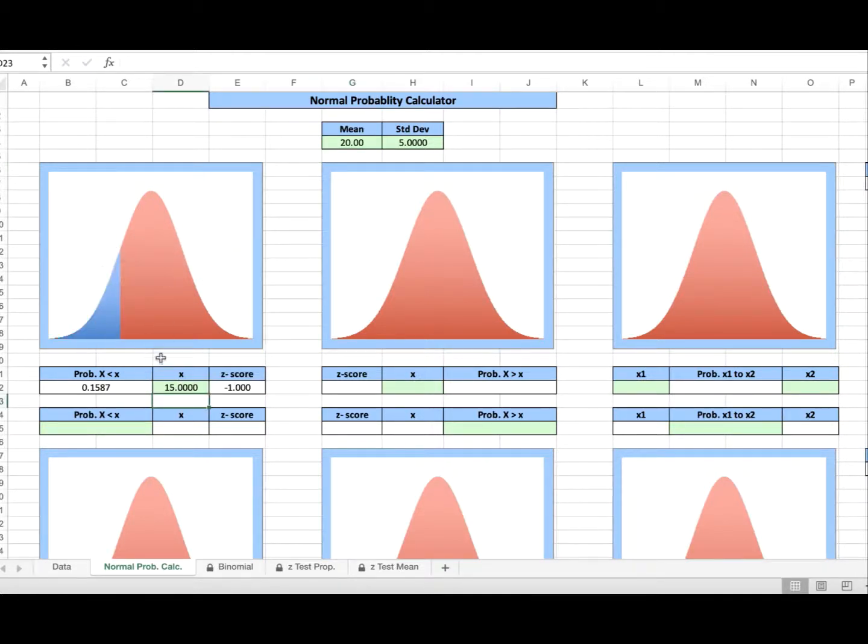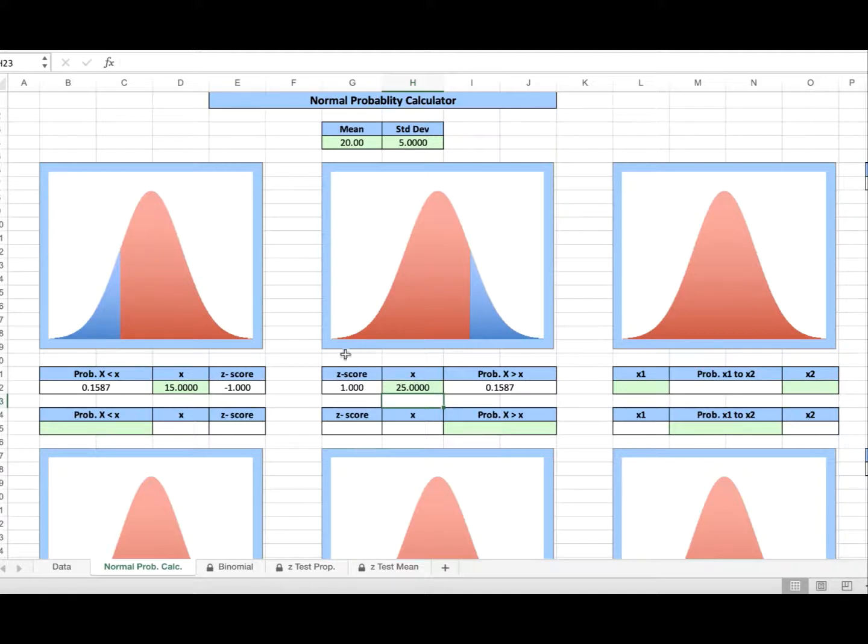Our left curve calculates the area under the curve less than or to the left of some value. Here we can see it's 0.1587 with a z-score of -1. Let's try another. What's the probability that this variable will have a value greater than 25?